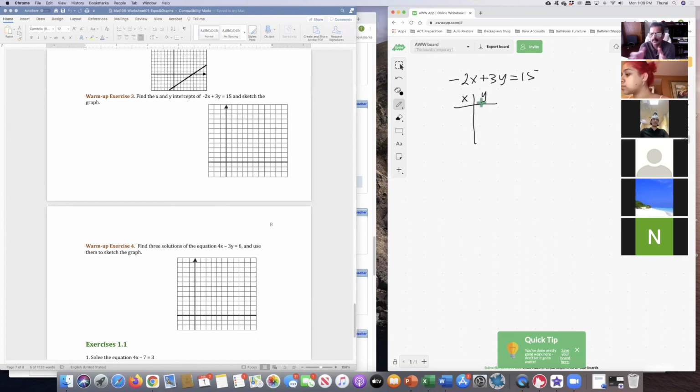You can do the work on a table like I'm showing you here. To find y-intercept, you had to put x equal to 0. To find x-intercept, you had to put y equal to 0. So you can do that right here.